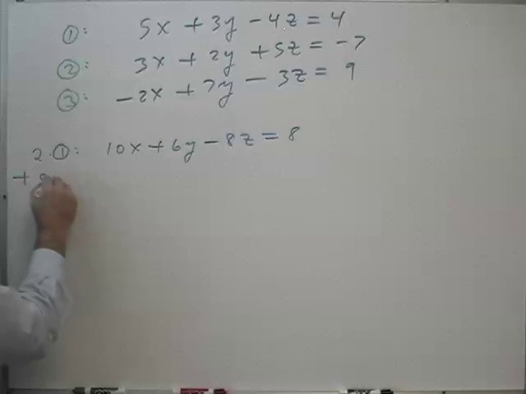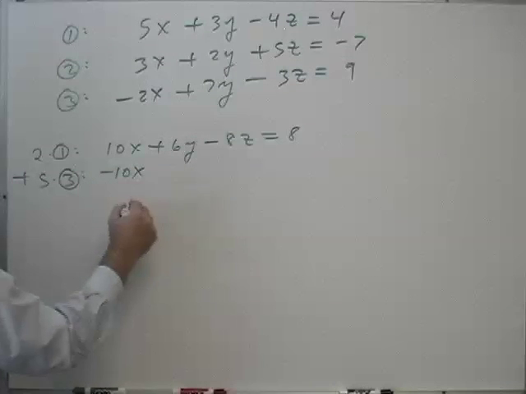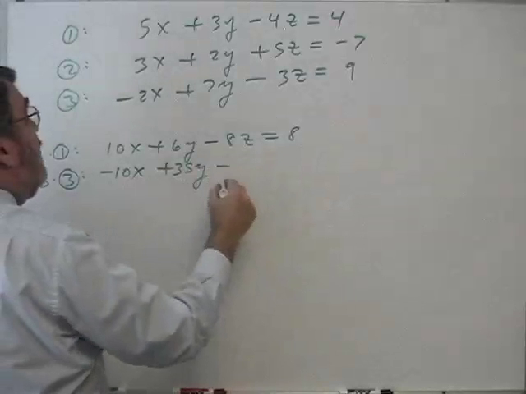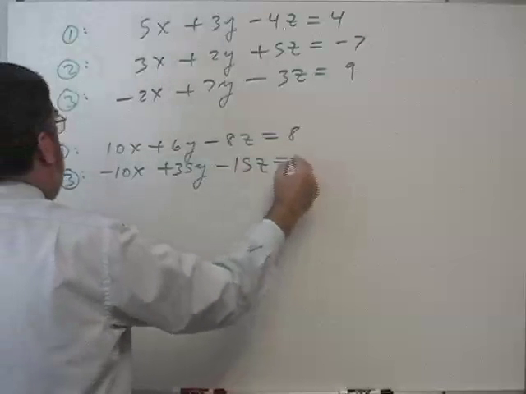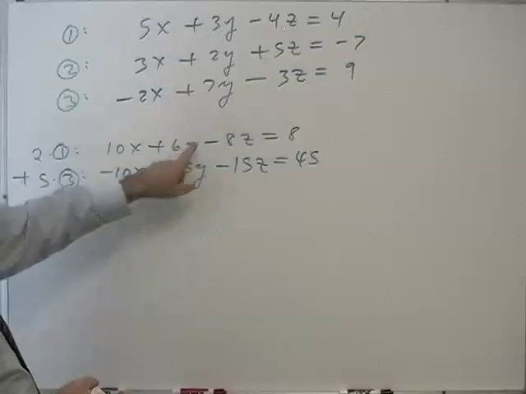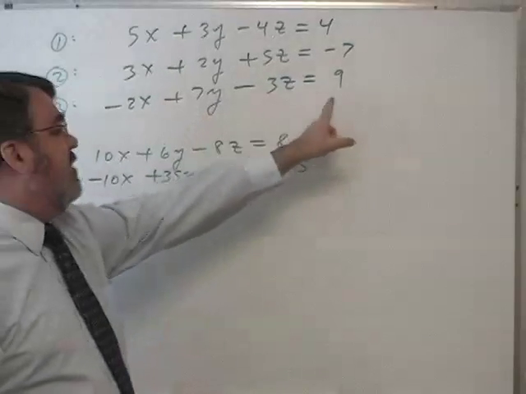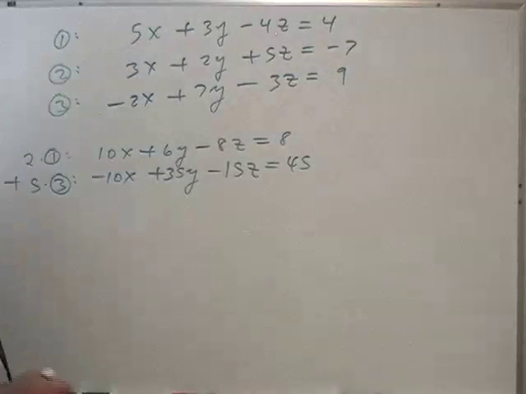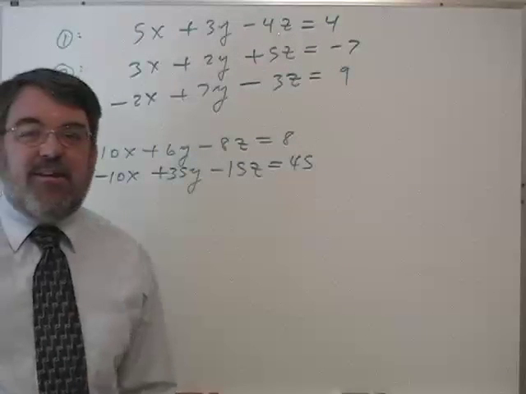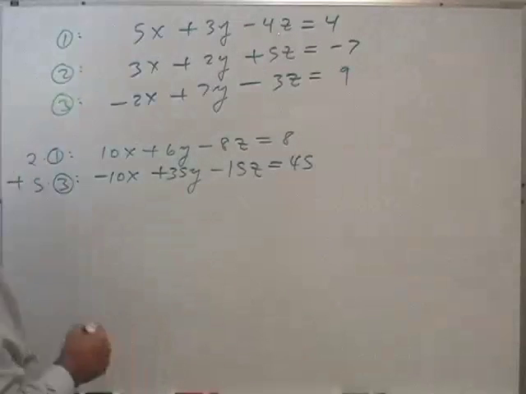So plus 5 times equation 3 gives me negative 10x plus 35y minus 15z equals 45. So let's see, 5, 35, negative 10, 35, negative 15, and 45. I want to make sure I don't make a mistake, because it's sad when you make a mistake and don't catch it for quite a while, because it's a lot of work, isn't it?